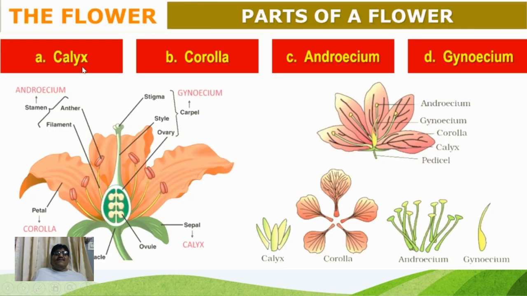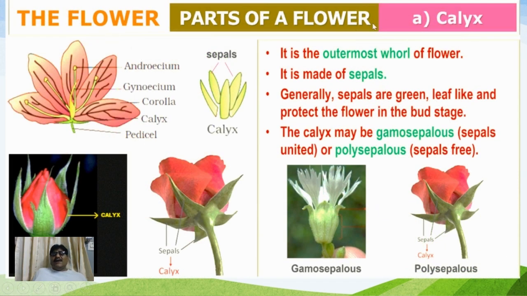The parts of flowers: the calyx, corolla, androecium. Here you see the calyx, the corolla, androecium, and gynoecium. The outermost whorl is called the calyx. It is made of sepals.